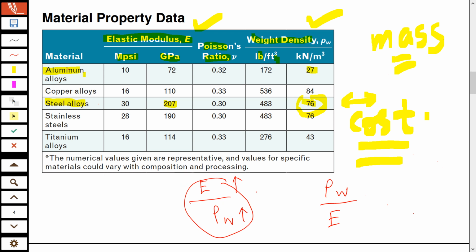This factor will be large when the numerator is large and the denominator is small. So rather than looking at E and rho separately, if this ratio is large, you have a desired combination of both properties. In such cases, you know how to combine different properties. Okay.